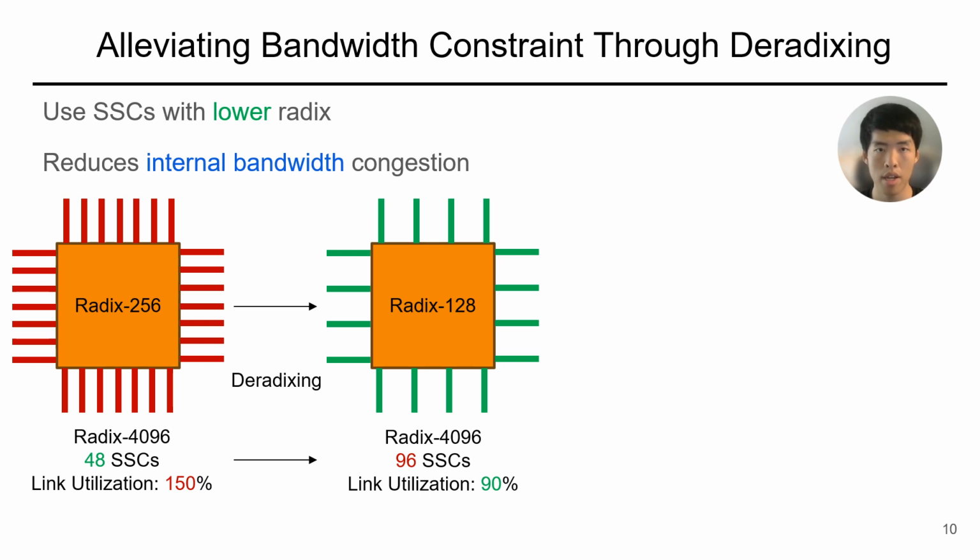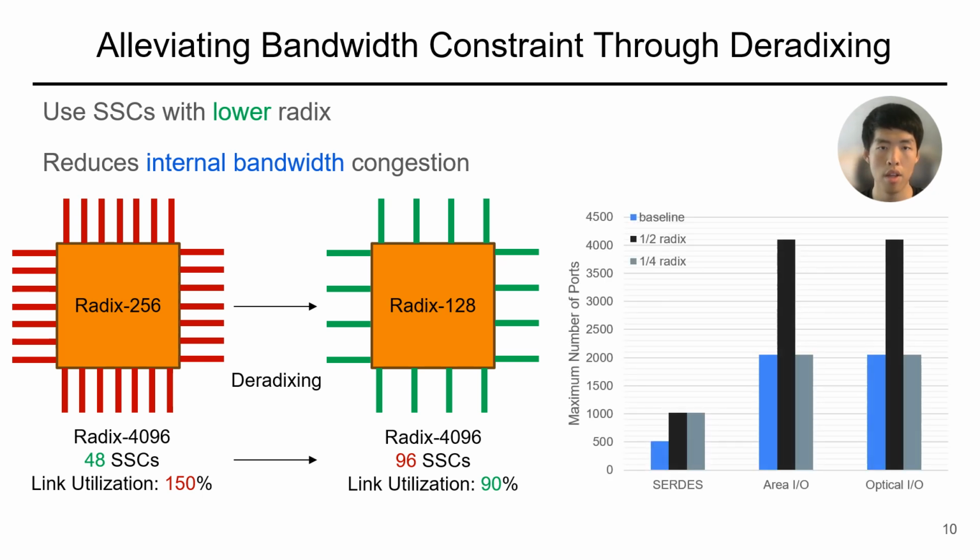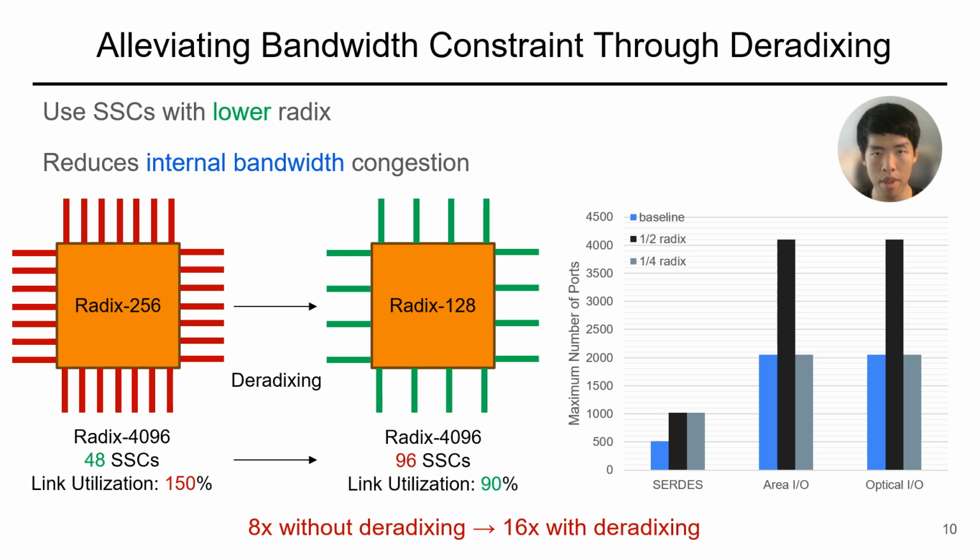However, because each SSE has half the required internal bandwidth as before, the bandwidth utilization went from over 150% to just 90%. So we achieve 8x benefits over baseline without deradixing, but 16x with deradixing.